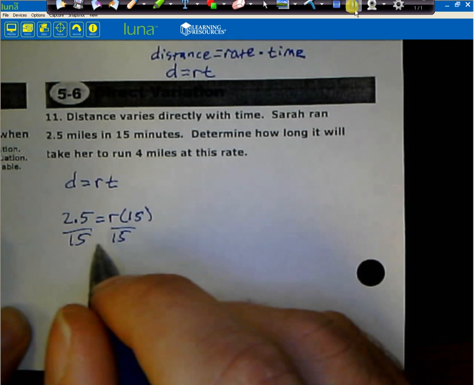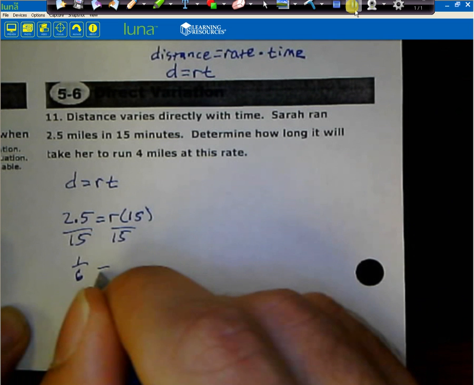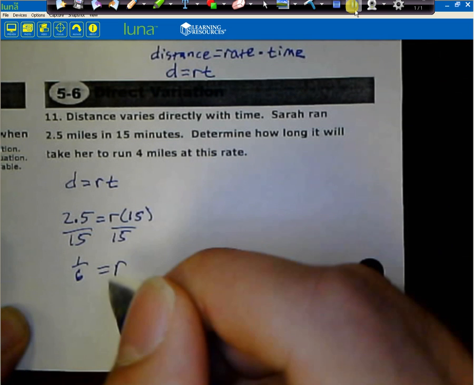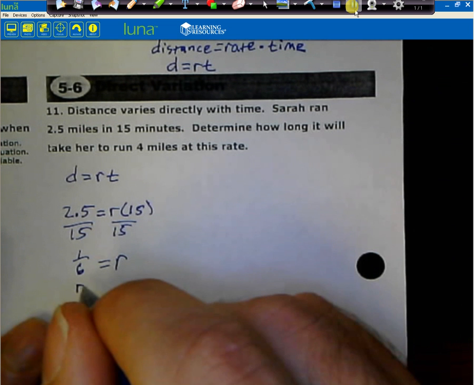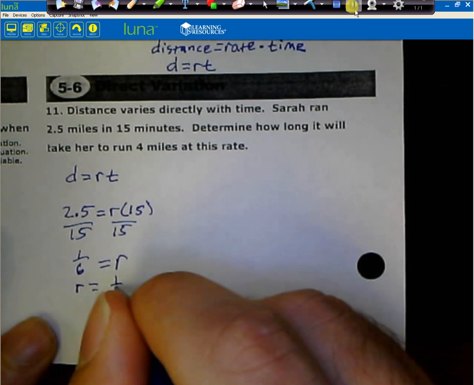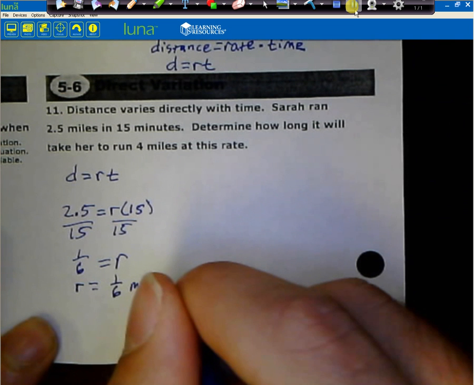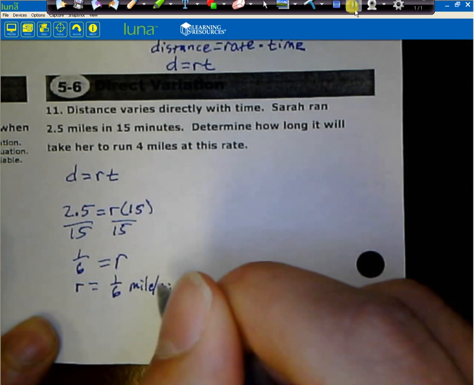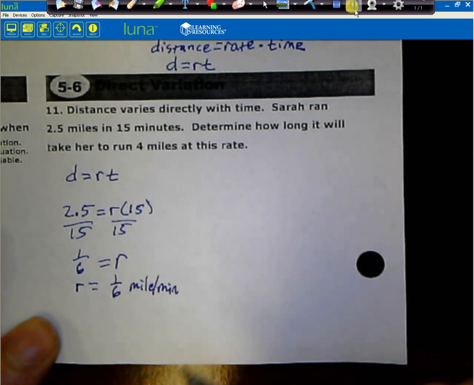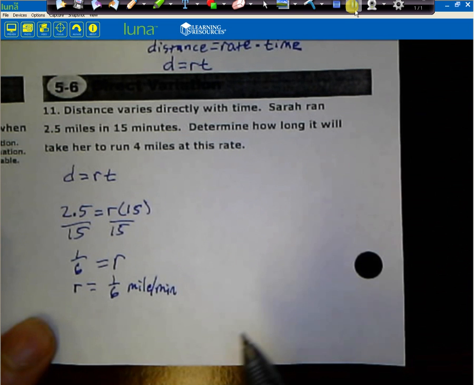And this comes out to 1/6. So R equals 1/6 mile per minute, which again is a pretty darn good pace.